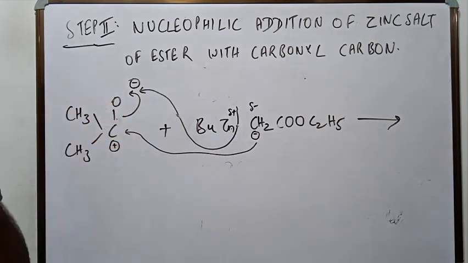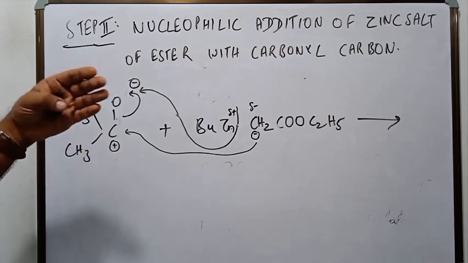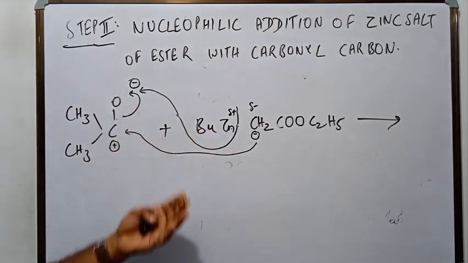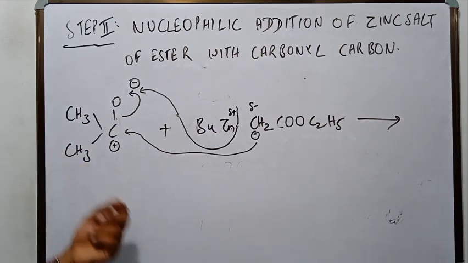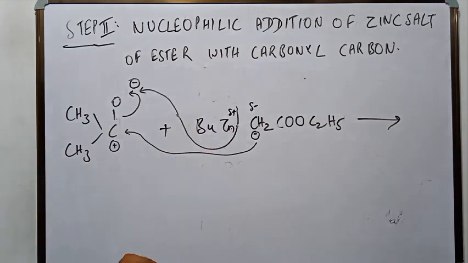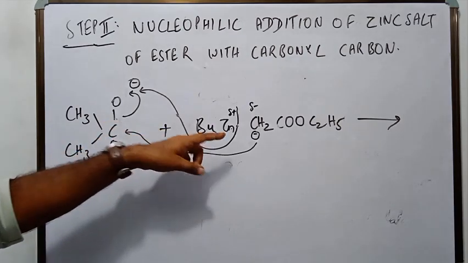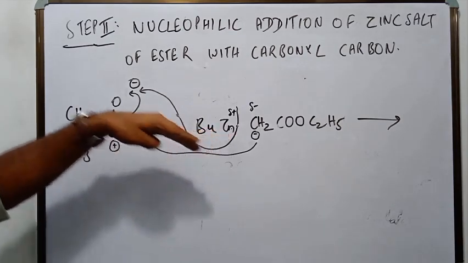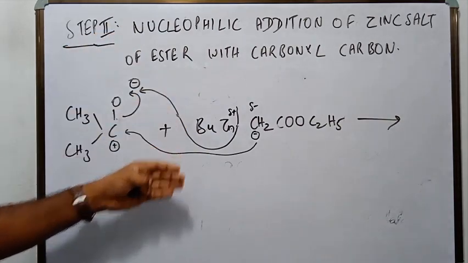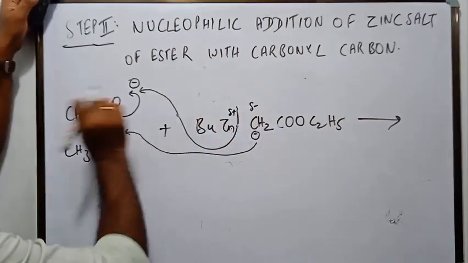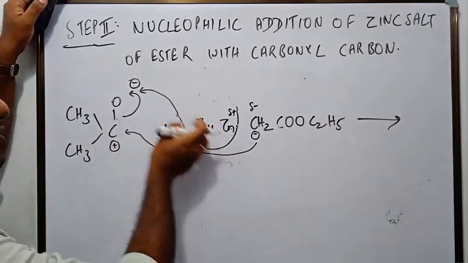Let me tell you before learning this, that zinc will go to the more electronegative atom. Why? Because zinc is electropositive in nature. It wants to donate its electron. That is the tendency of zinc, to go to the relatively more electronegative atom. Oxygen is more electronegative than carbon. So ZnBr will go to oxygen.